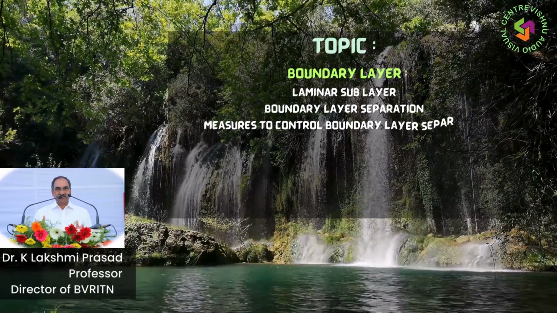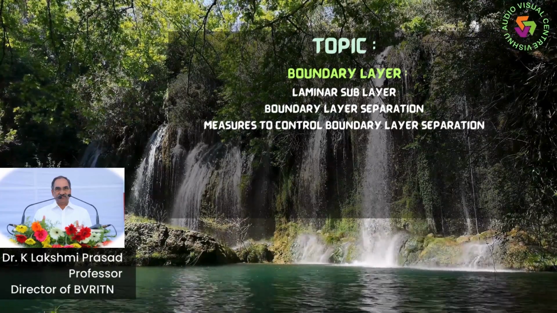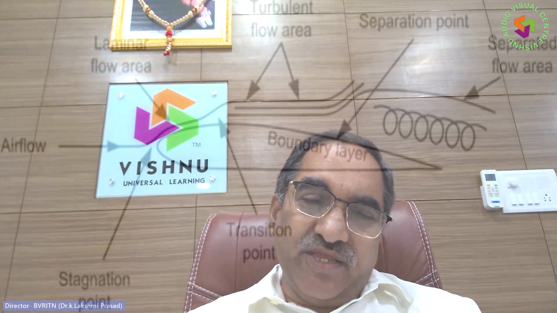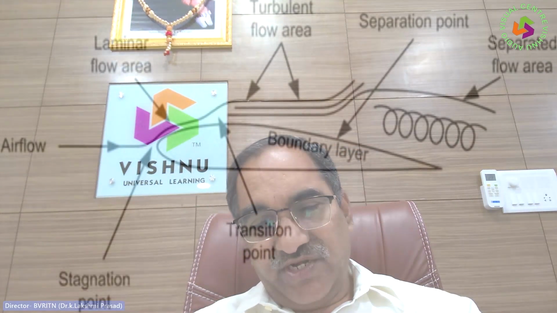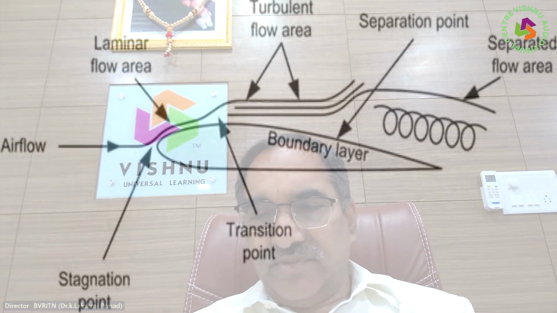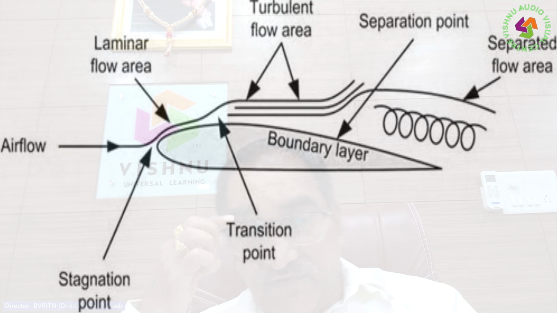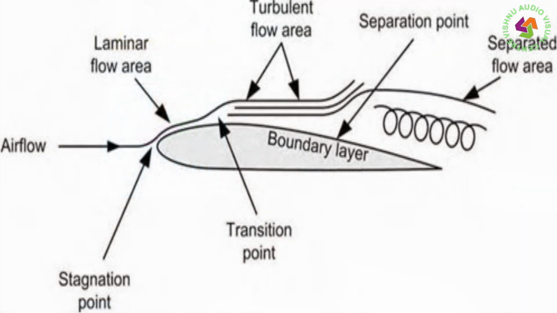In the previous class, we discussed the laminar boundary layer, transition, and turbulent boundary layer. Within the turbulent boundary layer, adjacent to the boundary, there is a small zone where the flow exhibits the characteristics of laminar flow. We call it laminar sublayer.